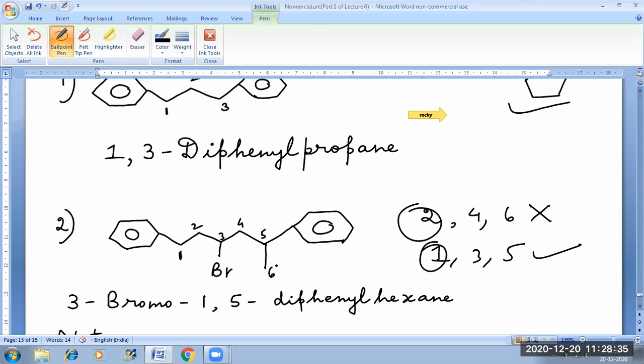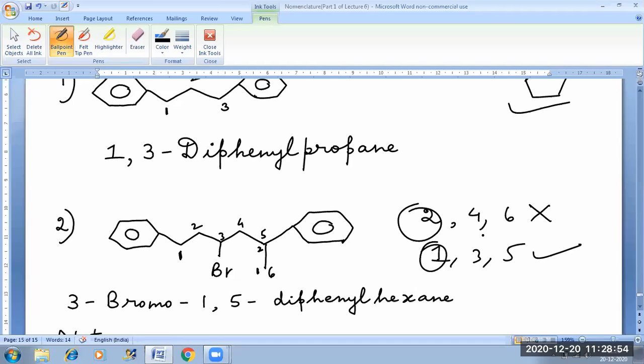Now, if I number in this way, that is, if this is 1, this is 2, and so on, then 2, 4, and 6 will be the positions of the substituents.